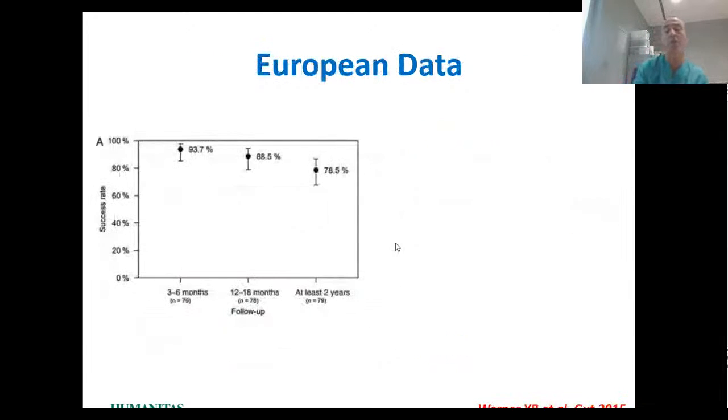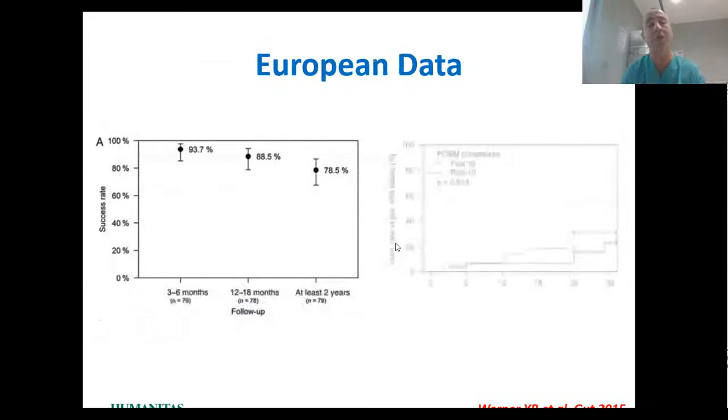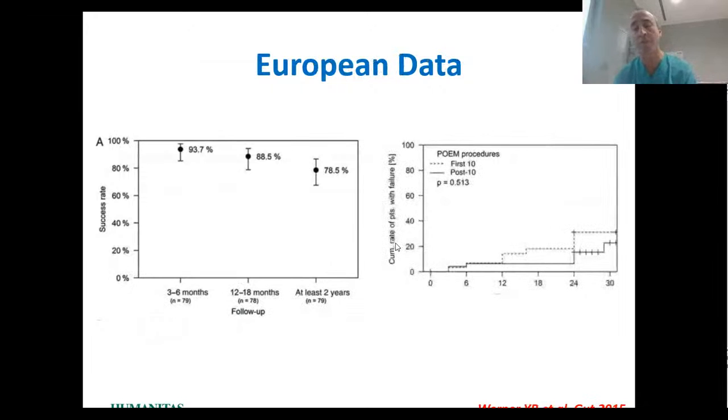So the first European data, robust data, came in 2015, published by 2 groups, Guido Costamagna and Thomas Rösch together. They reported their data. And again, they reported nice outcome at 2 years with about 80% with a persistent improvement of symptoms.